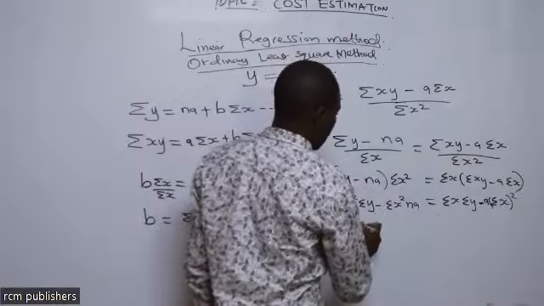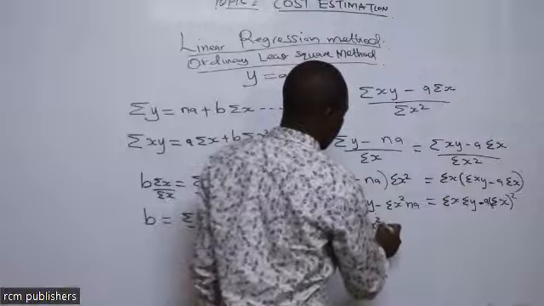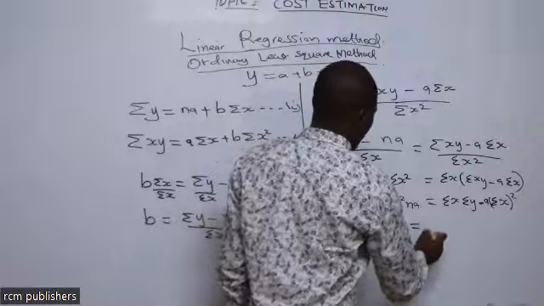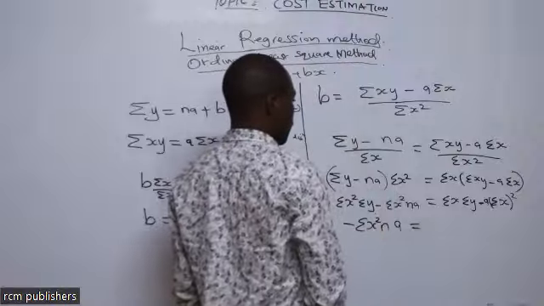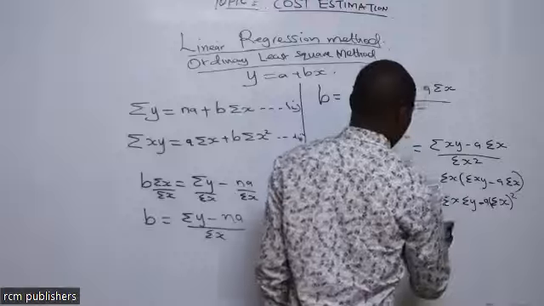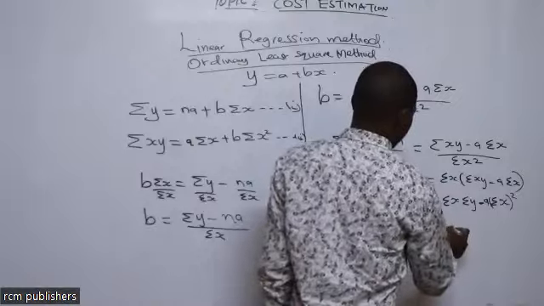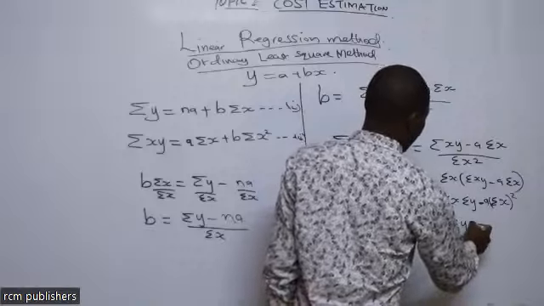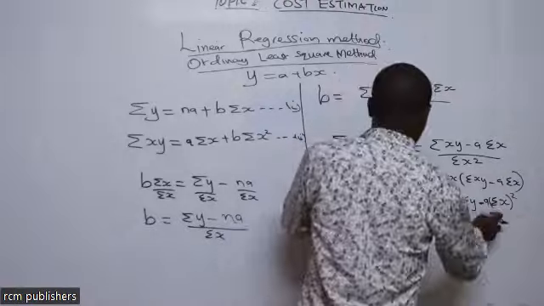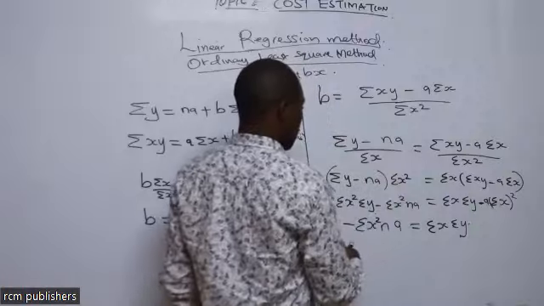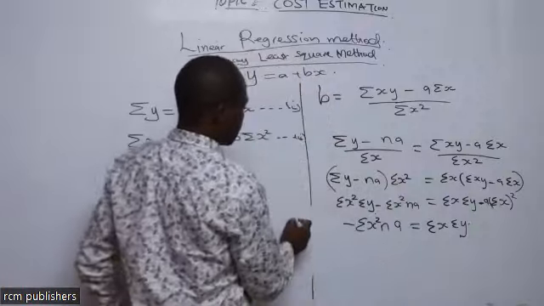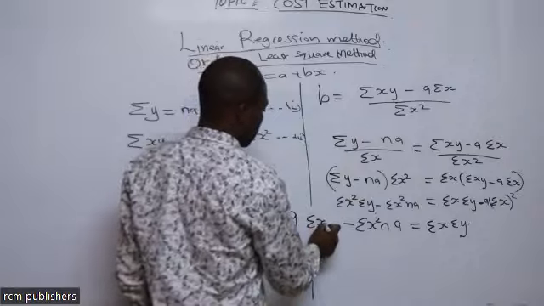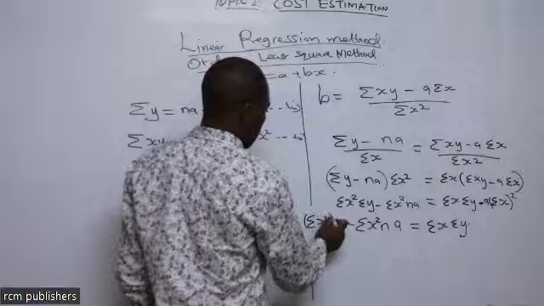So we have minus summation of x squared NA is equal to this summation of x, summation of y, minus, so this one here, we are going to bring it this side to be plus A summation of x squared.